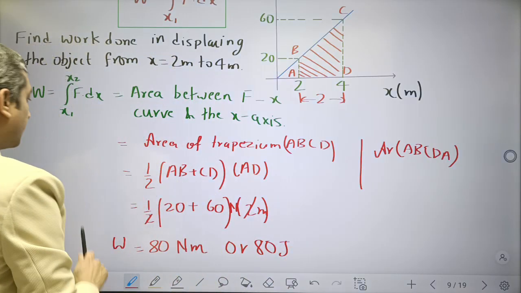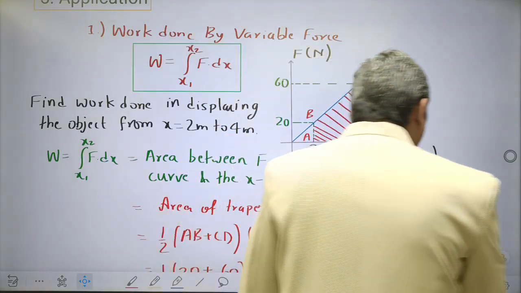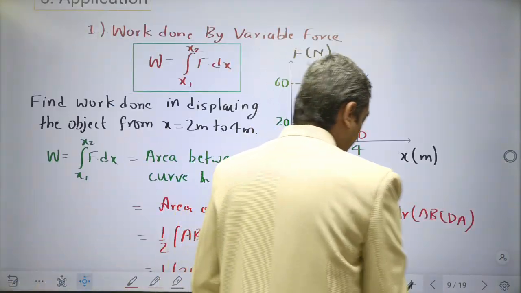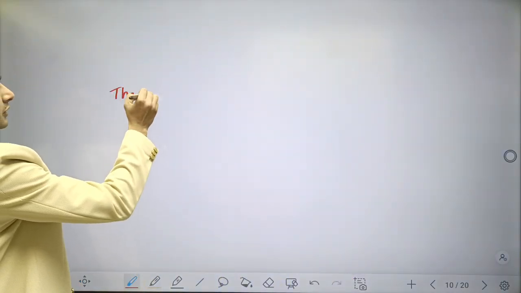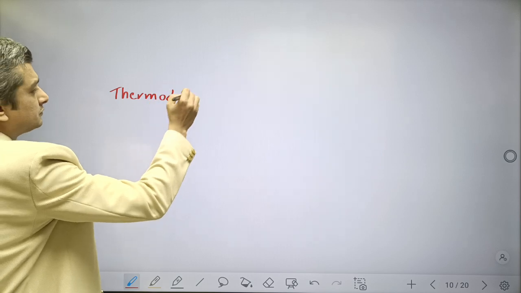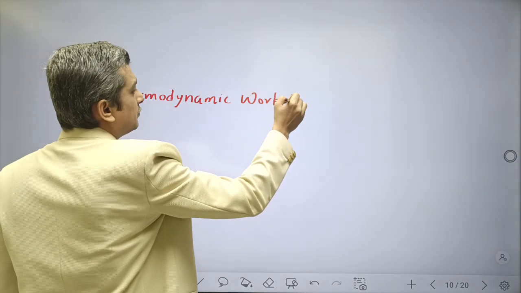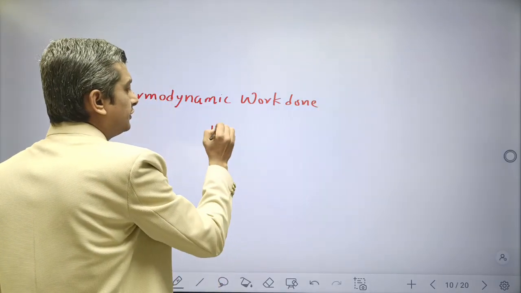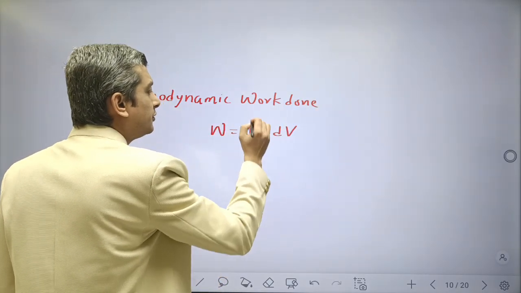So we have found the work done. So this is one of the important applications. In thermodynamics also, we find the work done, since we write thermodynamic work done as W equal to the integral of P dV from V1 to V2.